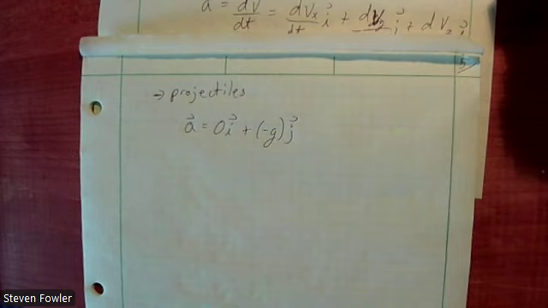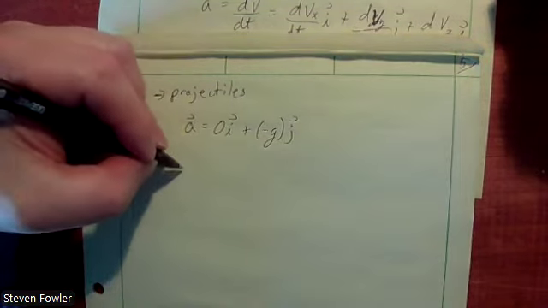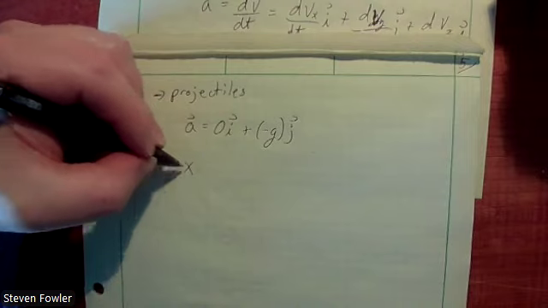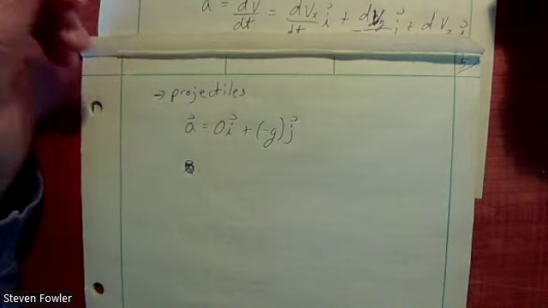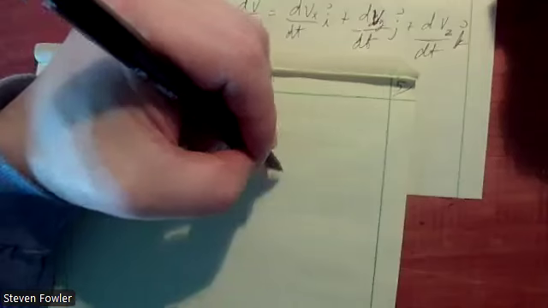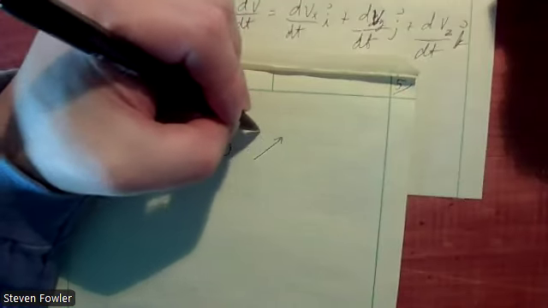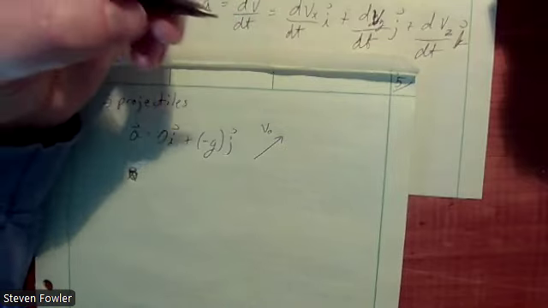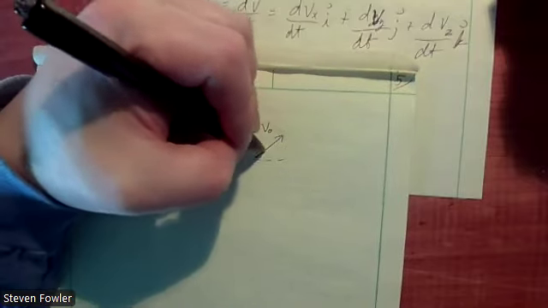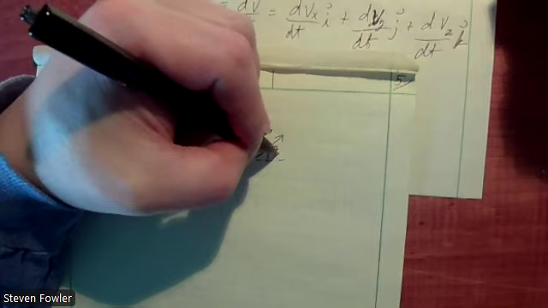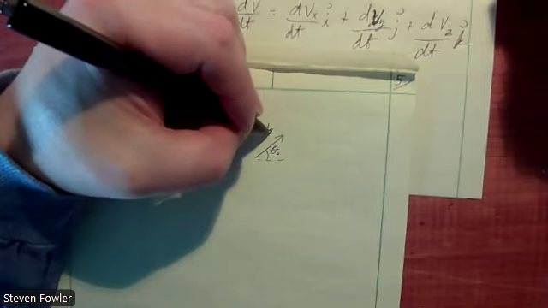And so what happens then is you have a set of equations that you can write. Right? You've got x. Well, let's start with, let's draw a picture first. So you're going to get launched at some initial velocity, at some initial angle.